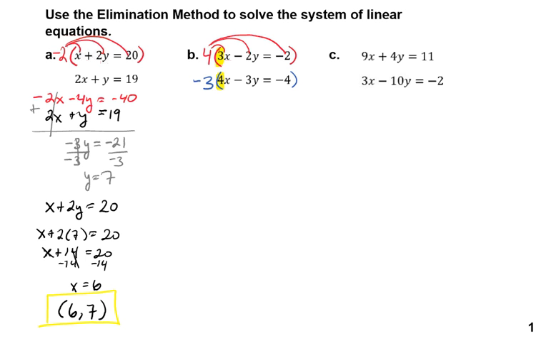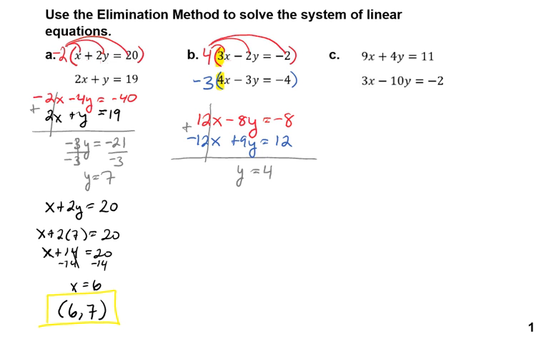I could have very easily multiplied the top by a -4 and the bottom by a +3 and still gotten the same answers. So if we multiply our top equation by 4 to each piece, we get 12x minus 8y equals -8. And if we multiply our -3 to each piece, that's going to give us a -12x plus 9y equals 12.